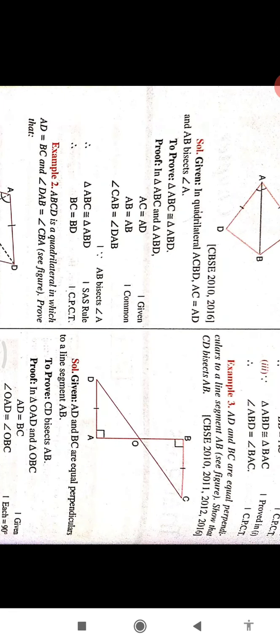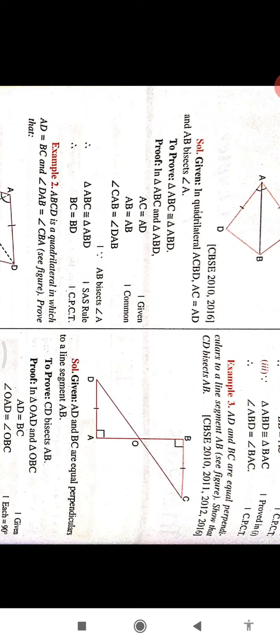In the third example, a figure is given. AD and BC are equal. See in the figure, AD and BC are equal perpendiculars. You can see there is a right angle symbol, so they are perpendicular. Then we have to show that CD bisects AB. Bisect means it makes two equal parts.